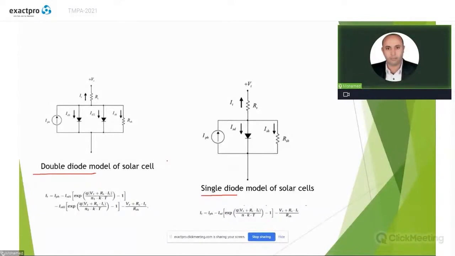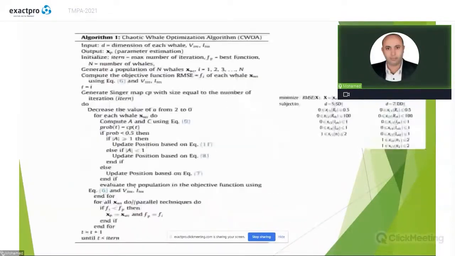The main difference between them is that the single diode model has only 5 parameters that need to be determined during the optimization process. However, the double diode model consists of 7 parameters that need to be determined during the searching process, or the design process of PV. This is the algorithm called the chaotic whale optimization algorithm.